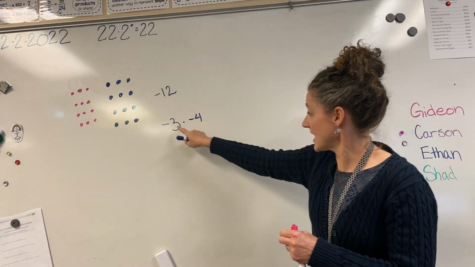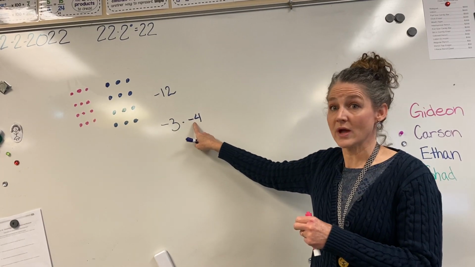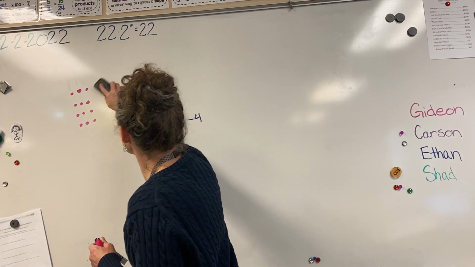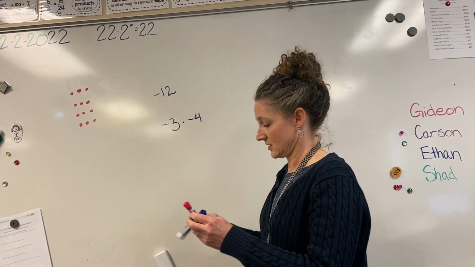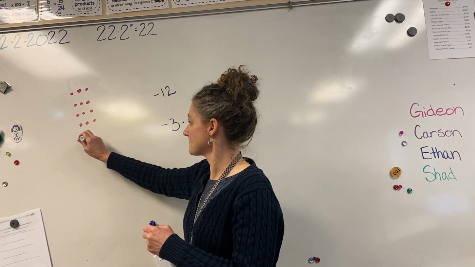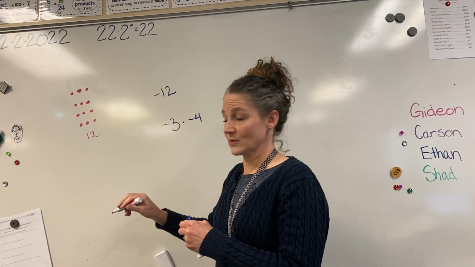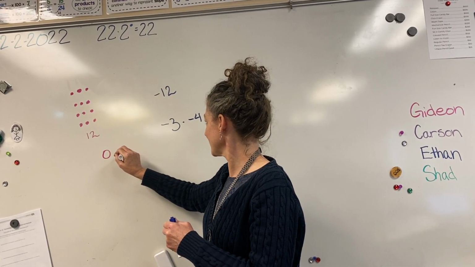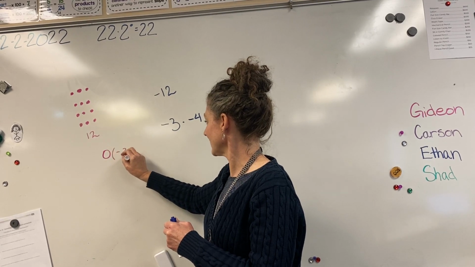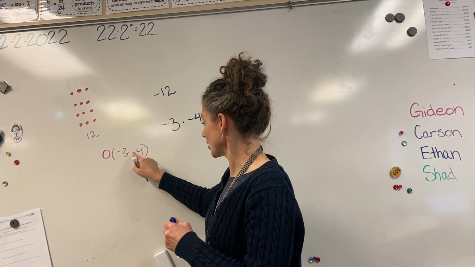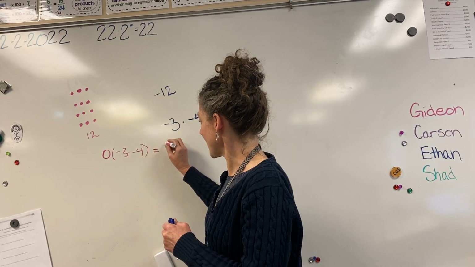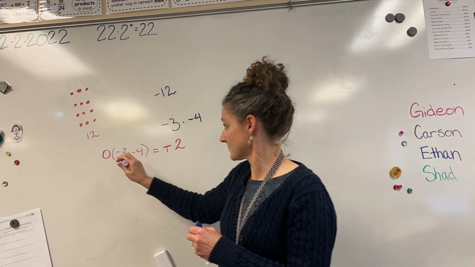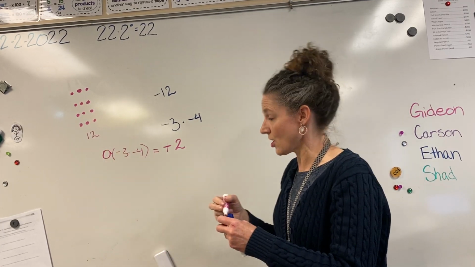I'm going to take some away. 1 time, 2 times, 3 times, 4 times. What am I left with? I have 12, right? We went from 0, we took away a negative 3, we took it away 4 times, and that equals positive 12. Do you guys see that?